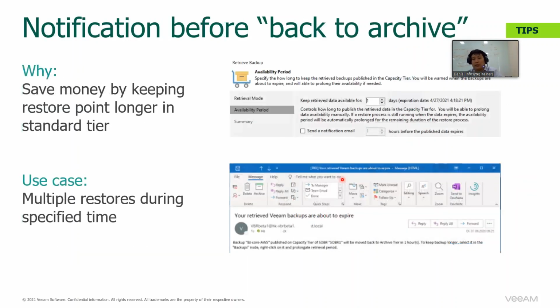Okay. So when you're utilizing archive tier, another very important point will be restoring from it. Now, when you try to retrieve data from archive tier to capacity tier, they will incur a very high cost because it's designed for deep archive. So it is not designed for very frequent restore purposes.